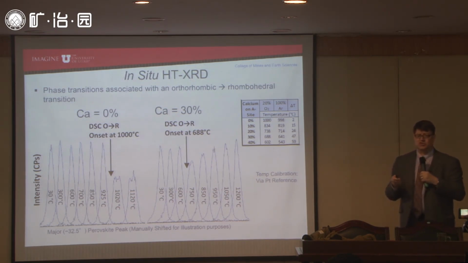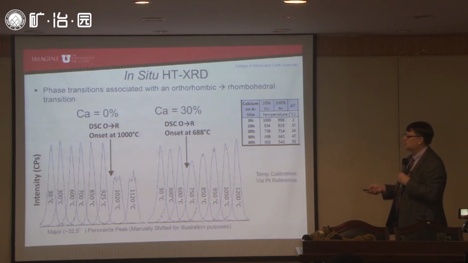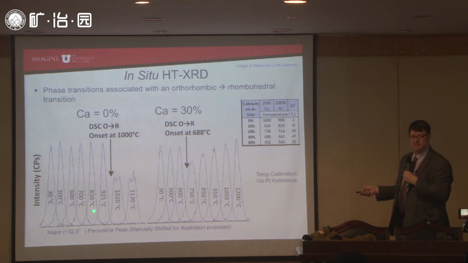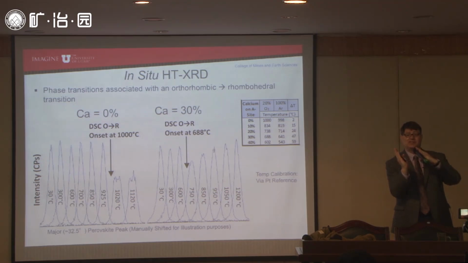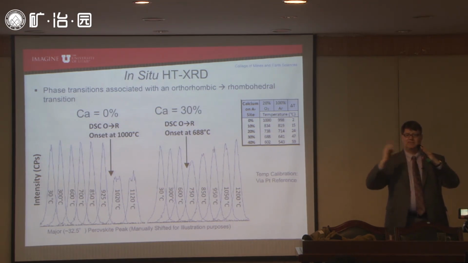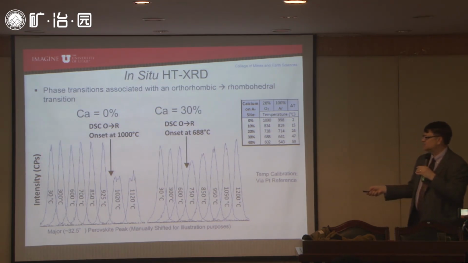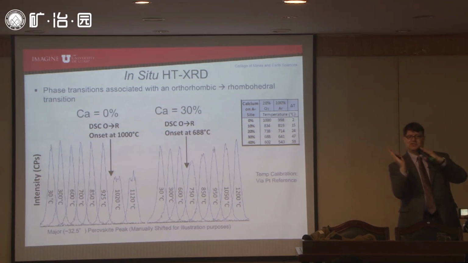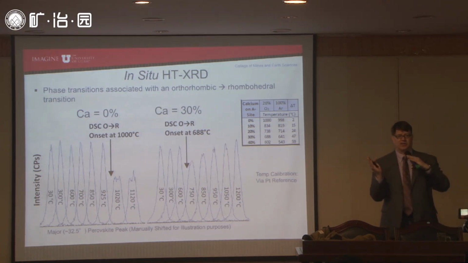And to make a long story short, you have to do a lot of work to do the characterization. To make a long story short, we're going from the orthorhombic perovskite to a monoclinic perovskite. In other words, all the octahedra have tilted the same way. So in this particular case, all the octahedra alternate, right?